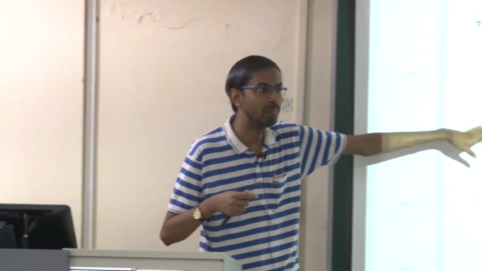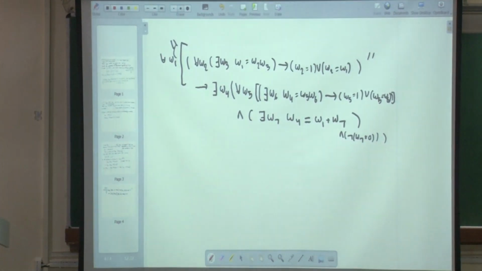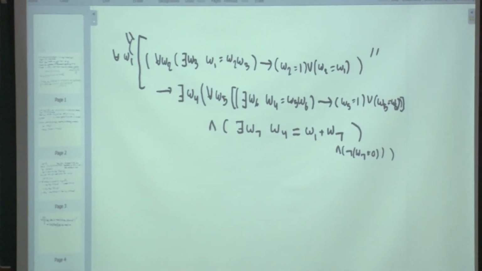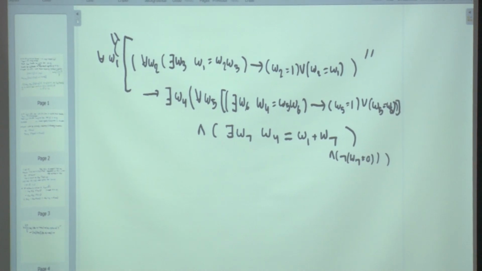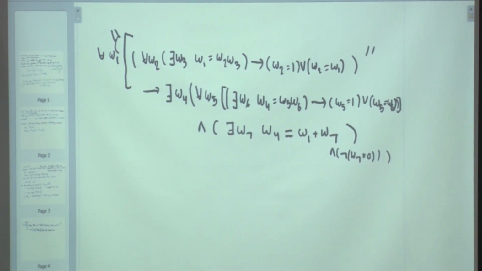You understand the idea? I'm not saying that this is entirely correct. There will be some parenthesis here and there missing or mismatched. But the idea is that you have to say that if I am prime, then there is another prime which is bigger than me.